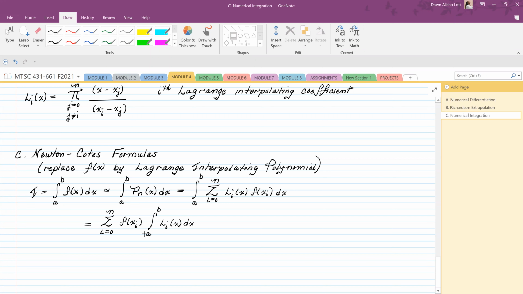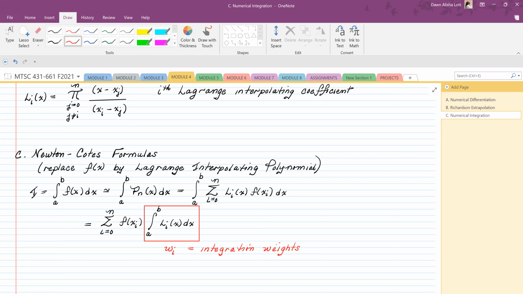So now I have these things, and this is what I'm going to call my weights. So this piece right here I'm going to call my wi. Okay, so these are the integration weights. And if I know what those are, then I have a formula.